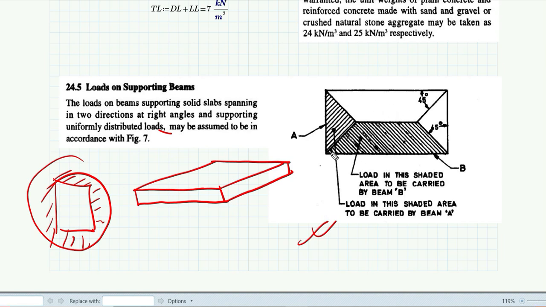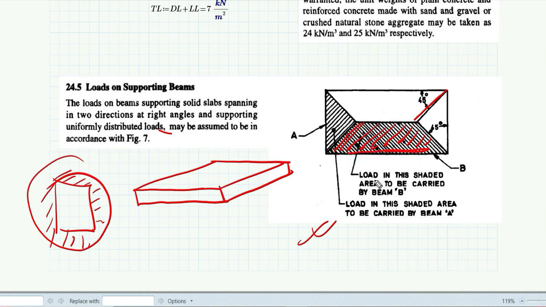In that case, this kind of distribution can be assumed, where we divide this whole area into parts, and this line makes an angle of 45 degrees with the sides. Whatever load is coming over this hatched portion, that load will come to this beam.